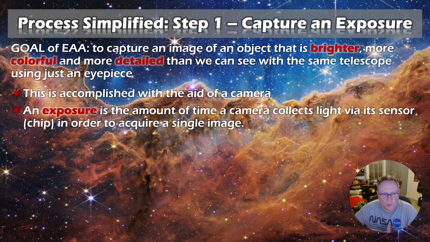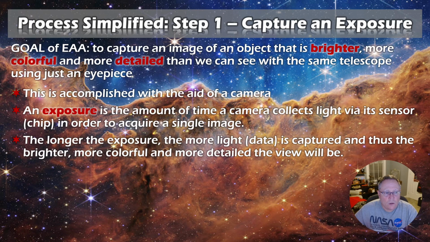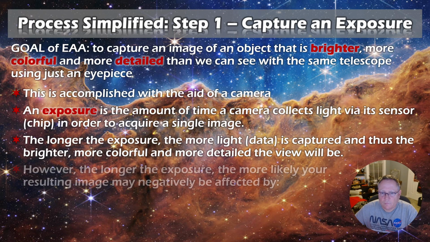Now, the camera is going to collect light via its sensor or its chip over a specified time to make a single image, and this is known as an exposure. Now, the longer your exposure, the more light and the more data is being captured, and thus the brighter and more colorful and more detailed your view is going to be.